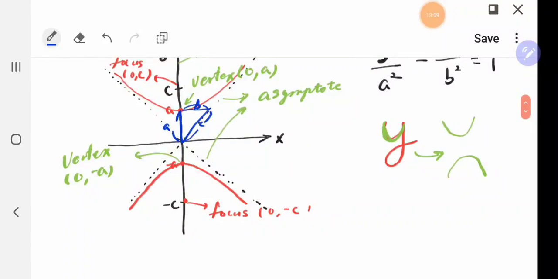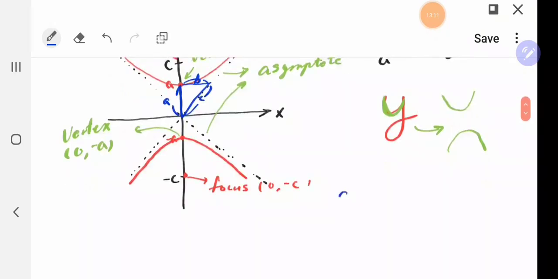Using the Pythagorean theorem, c squared is equal to a squared plus b squared. So c is the square root of a squared plus b squared, because c is the length of the hypotenuse. So c is the focus.